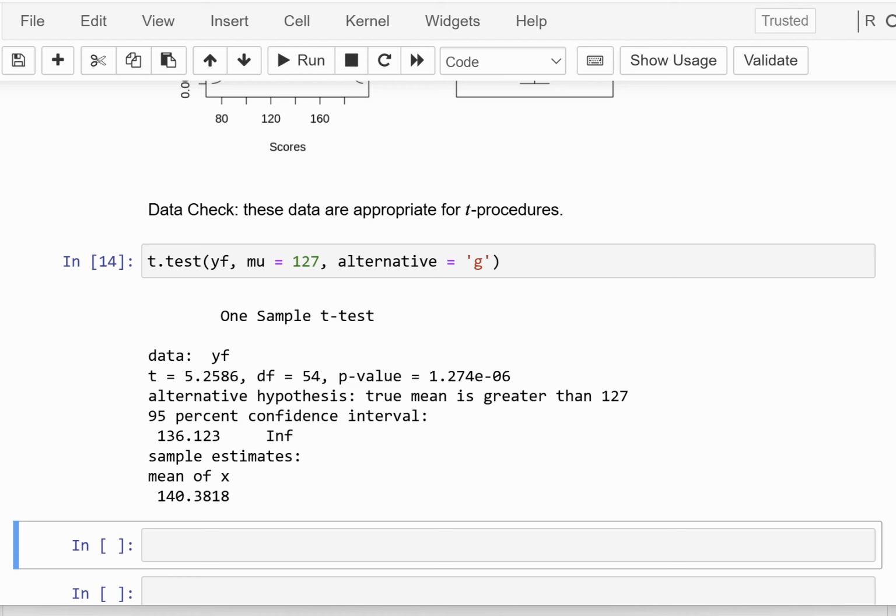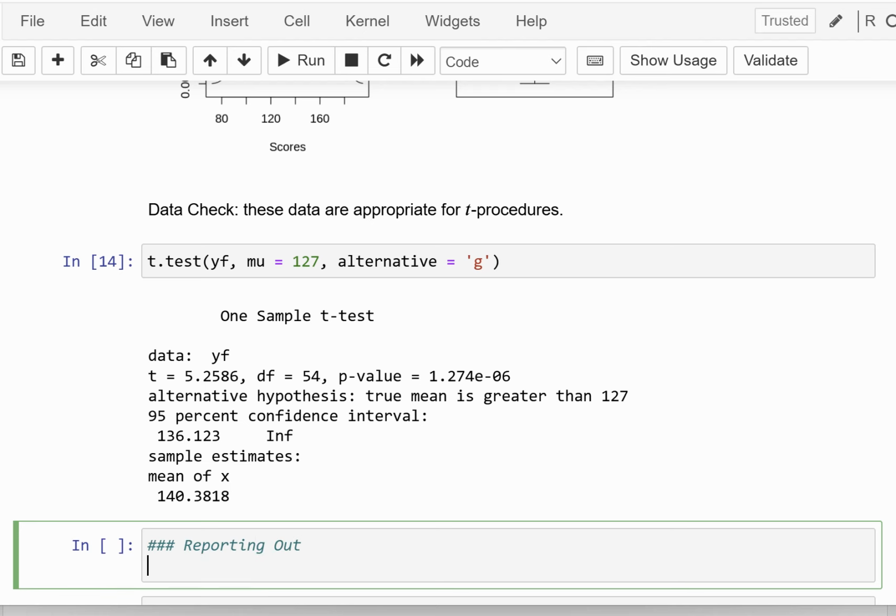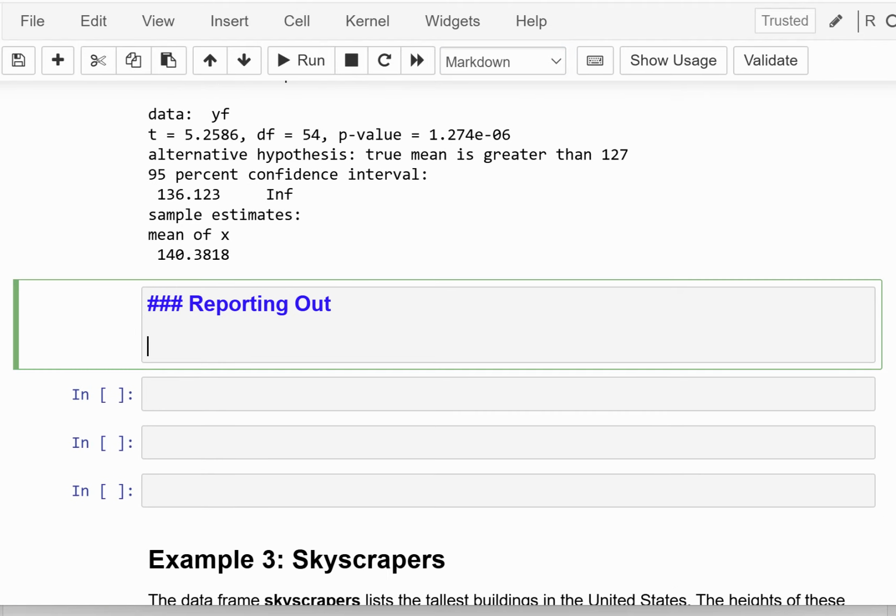Okay, so what are we going to write here? Let's say reporting out. And I am going to switch to Markdown. So my reporting out is what?